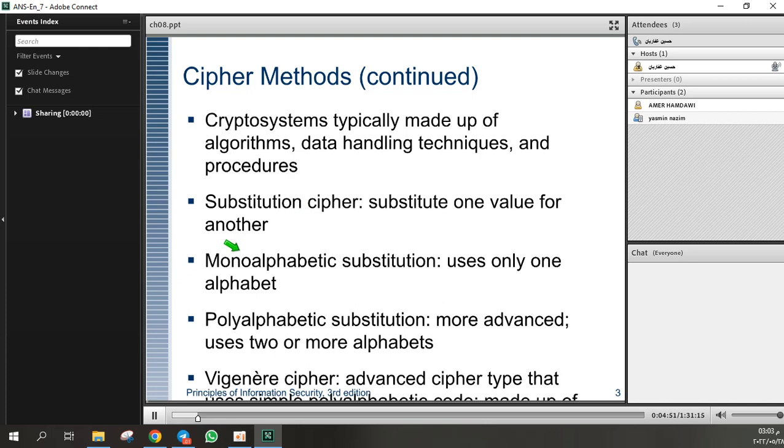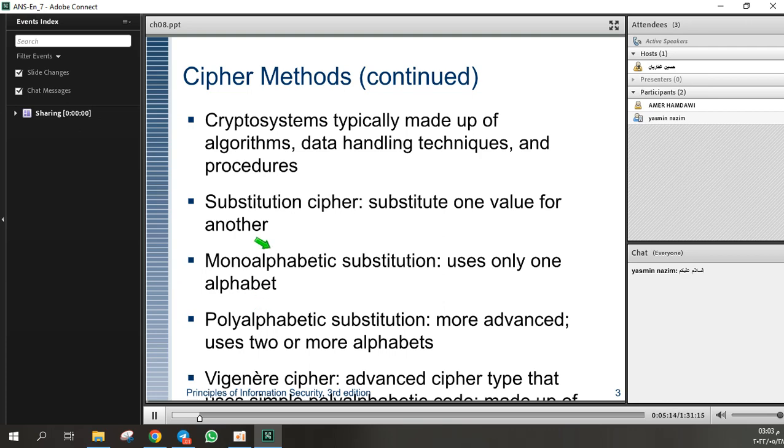For example, if we use monoalphabetic substitution, each alphabet character is replaced with another alphabet character. However, as a sophisticated case, we can use polyalphabetic substitution.